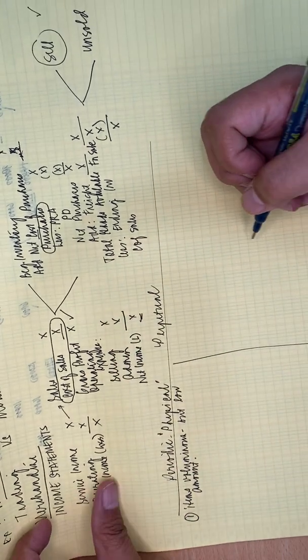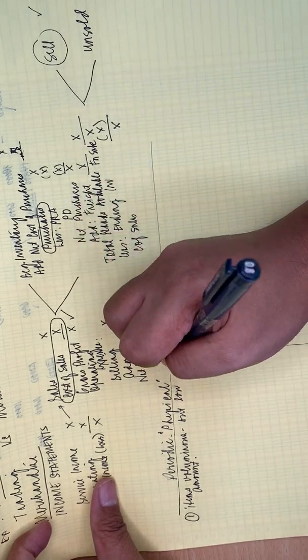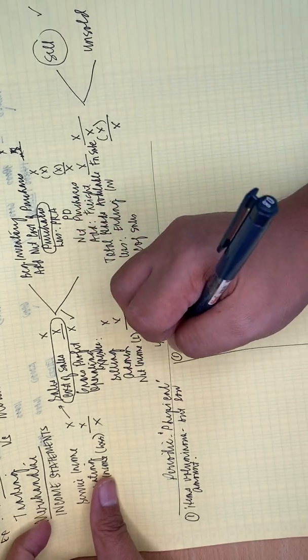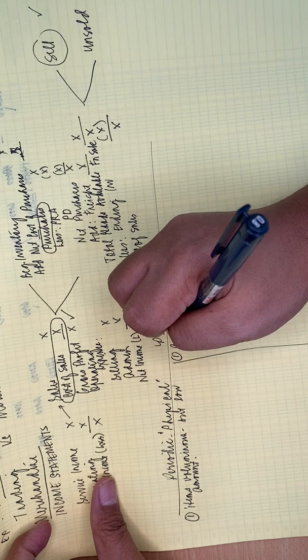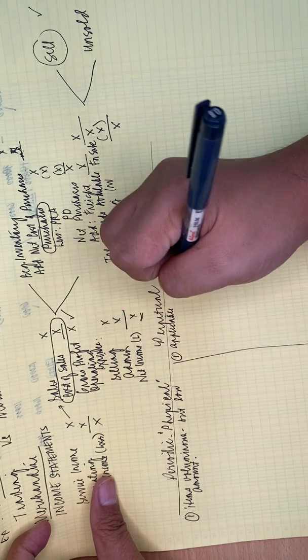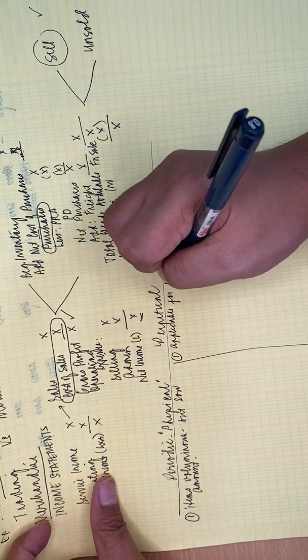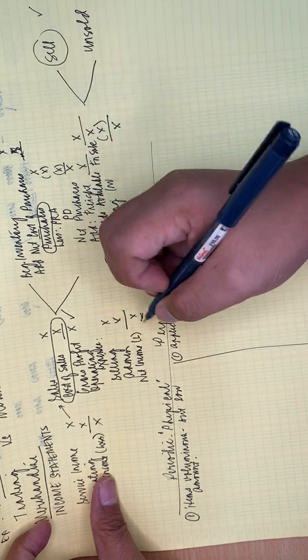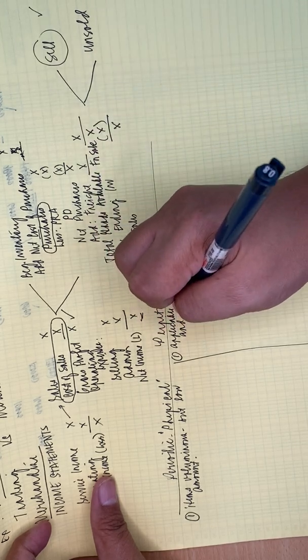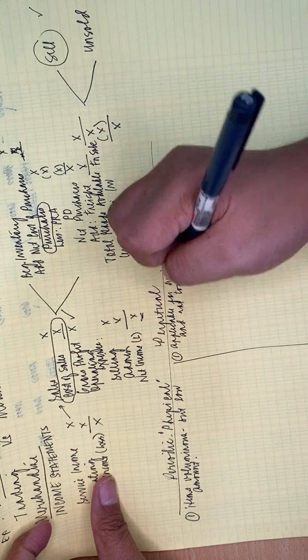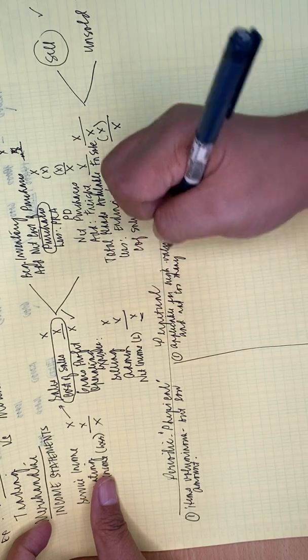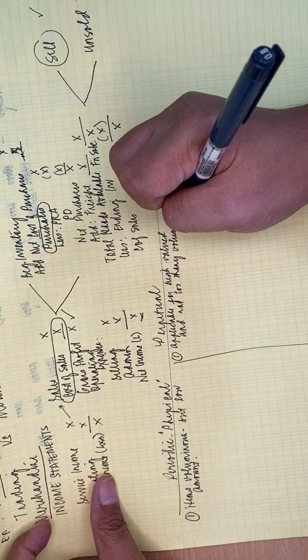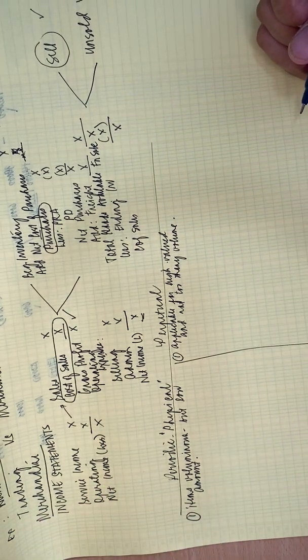Okay, now the perpetual inventory system is good for, or applicable for, high valued items. So yung mga mahal na items, high valued items and not too many volume.